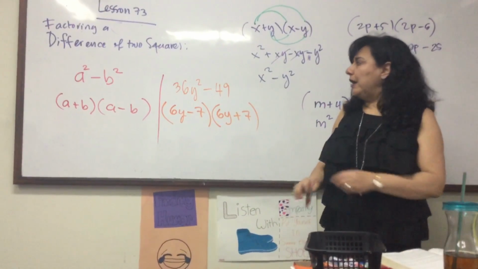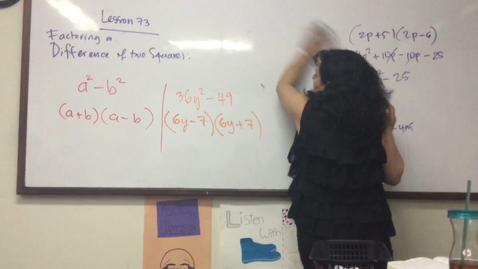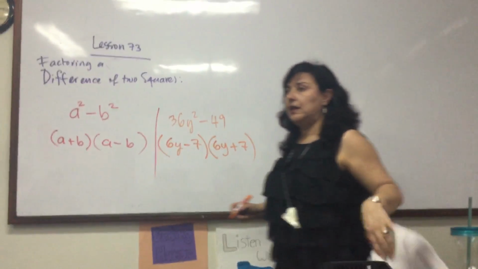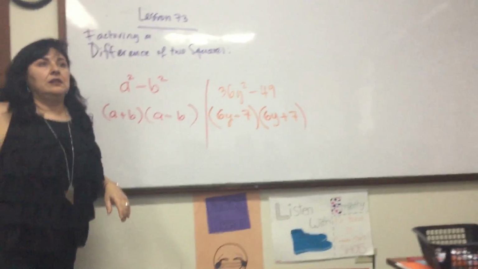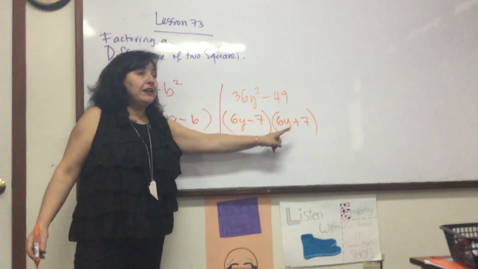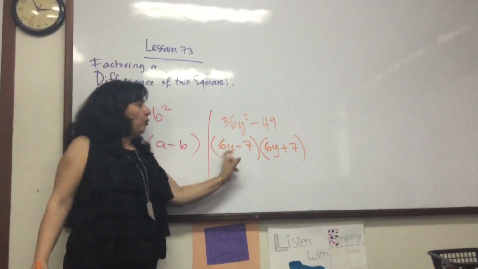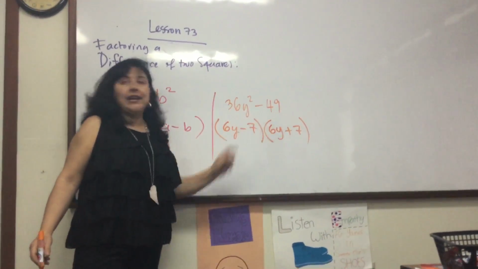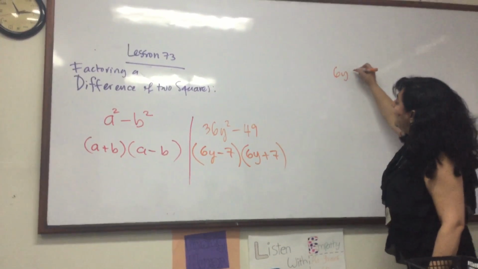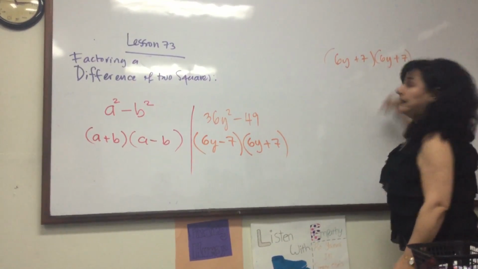That's all. Miss, I get a little bit confused with the symbols, like minus and plus. Why would you get the minus and then a plus? Because if these are not minus and plus, when you multiply, these are not going to go away. That's an excellent question. Let me show you. 6y plus 7 times 6y plus 7, let's say.